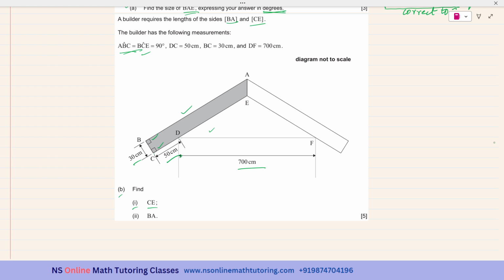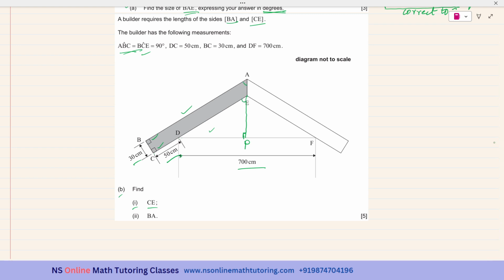So if I extend this and name this point P, this is a right angle. Now I am considering triangle DEP. Angle P is a right angle, and we know another angle, angle DEP. What is this equal to?